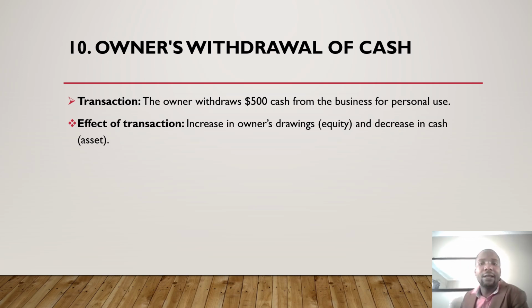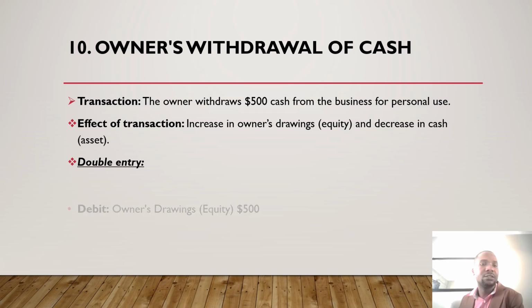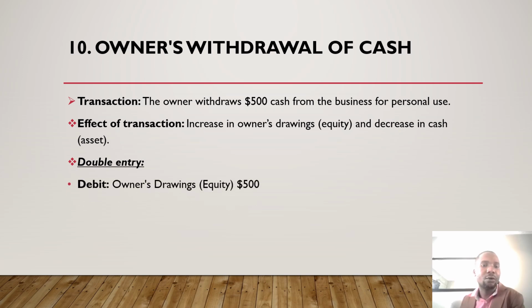And on the other side, there will be a decrease in cash because now the cash is moving out of the business. Okay. So this effect will be reflected as follows using the double entry system. We're going to debit the drawings account with that amount, and a corresponding credit entry goes to the asset account of cash.